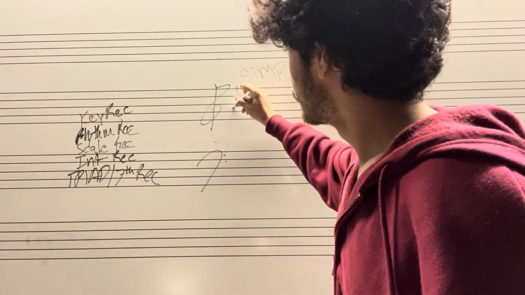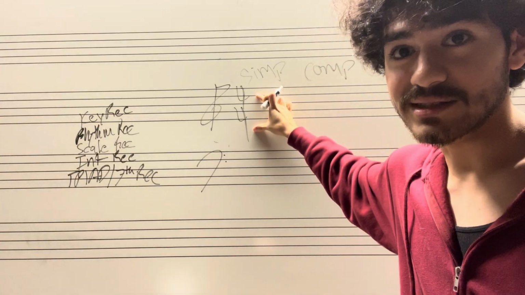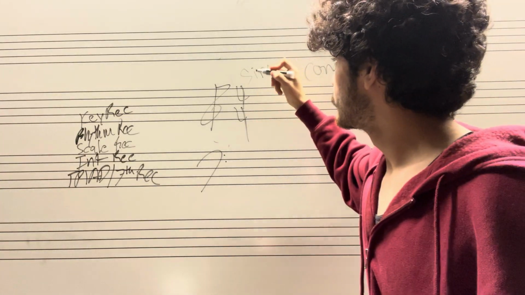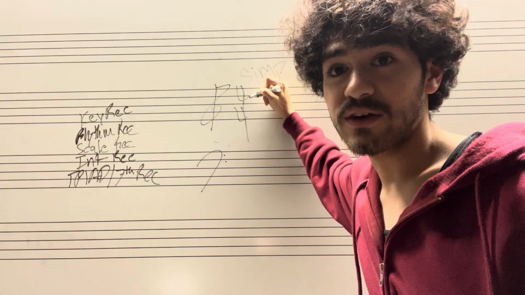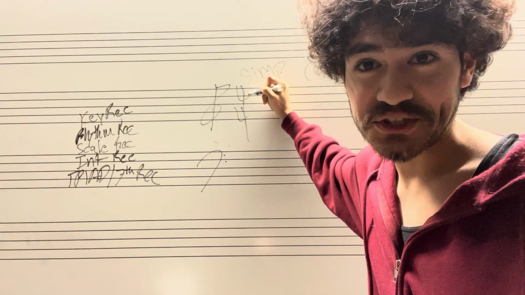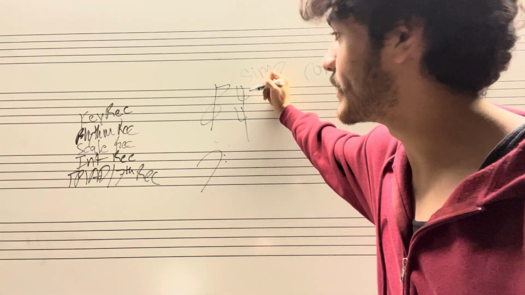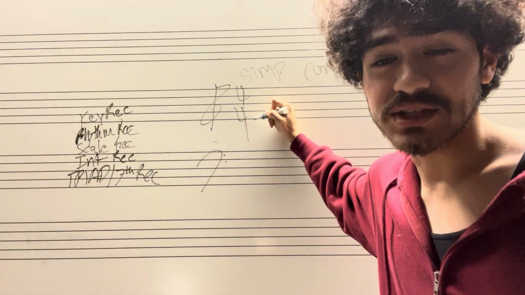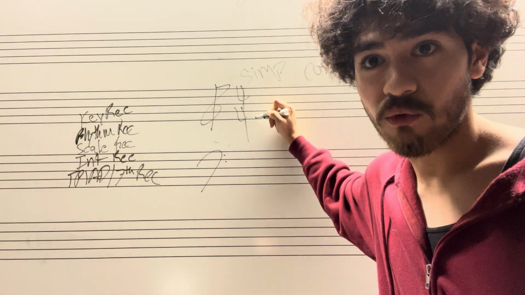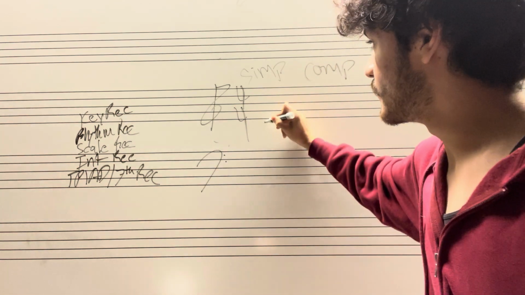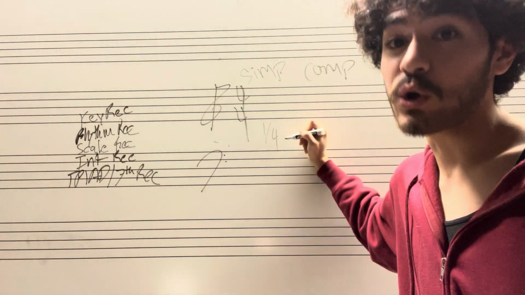I should tell you what this means in the first place. The number up here tells you the number of beats per measure. This one is the note value. So 4, think of it as 1 out of 4, a quarter note.